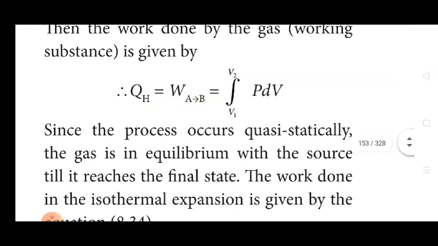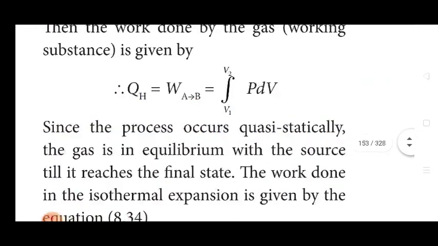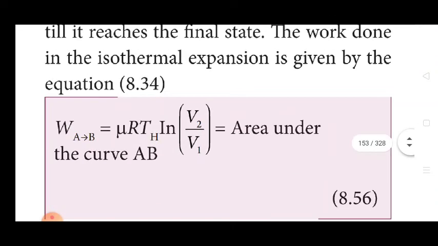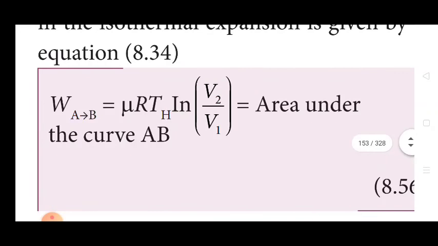Since the process occurs quasi-statically, the gas is in equilibrium with the source till it reaches the final state. The work done in the isothermal expansion is given by W A to B equals mu R TH logarithm of V2 by V1, which is equal to the area under the curve AB.